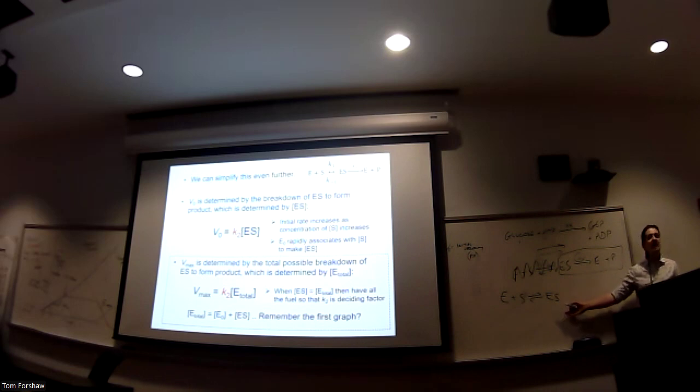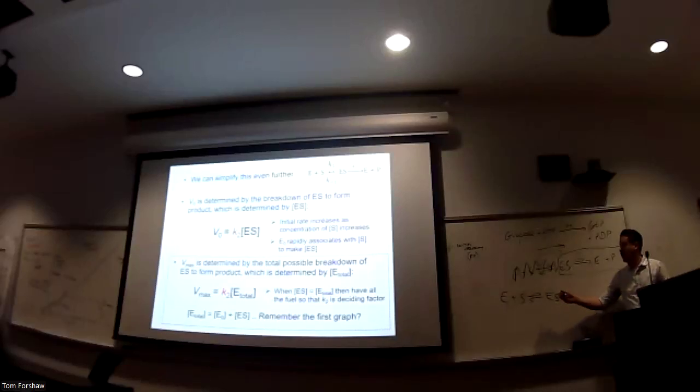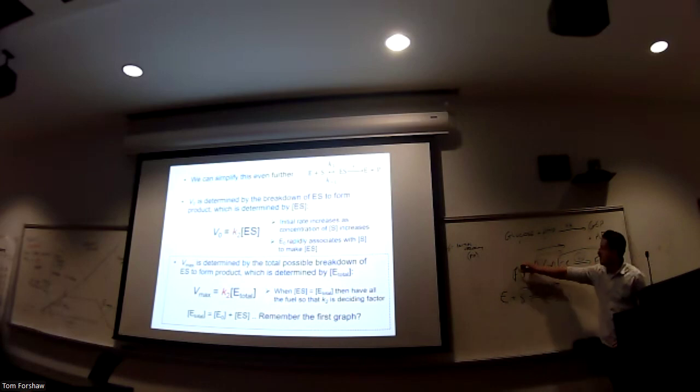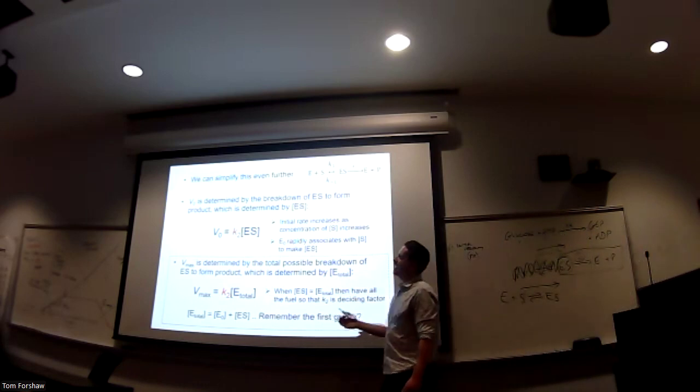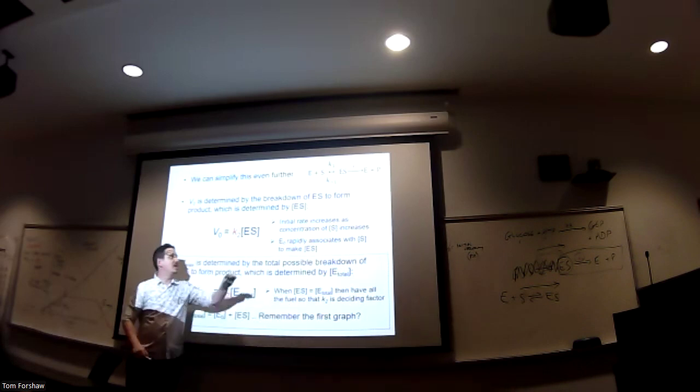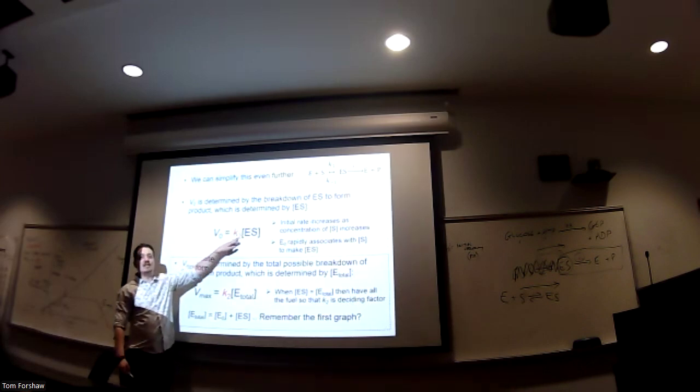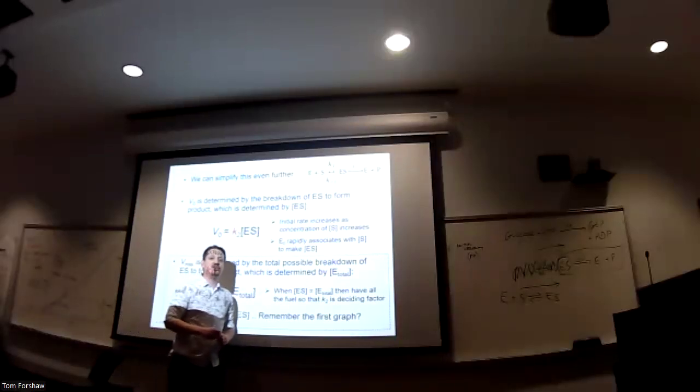That's the point of it. In the steady state, you've got a bunch of ES. In the pre-steady state, you don't have a bunch of ES, which means that Le Chatelier's principle is going to move it over to the right. Because of that, we can ignore that part and just consider it as the concentration of ES multiplied by K2 is equal to the velocity. So in the pre-steady state, we can consider the velocity as being equal to the rate multiplied by the concentration of ES.